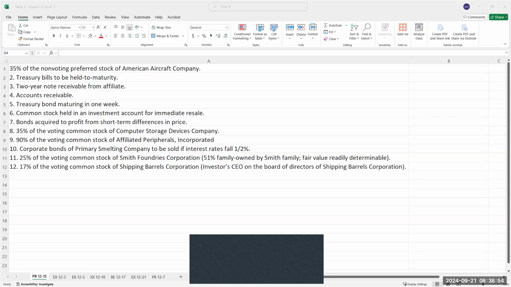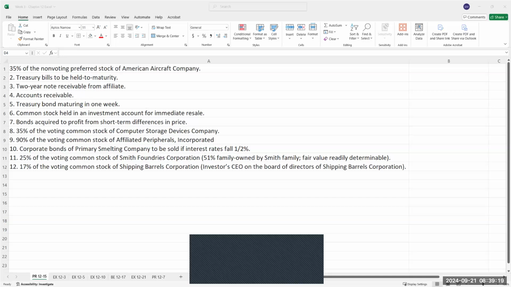So as it relates to our debt investments, investors use accounting approaches that either ignore the changes in fair value or those that include the fair value changes. And it ultimately depends on, is this debt classified as held to maturity? Is it classified as available for sale, or is it classified as a trading security?